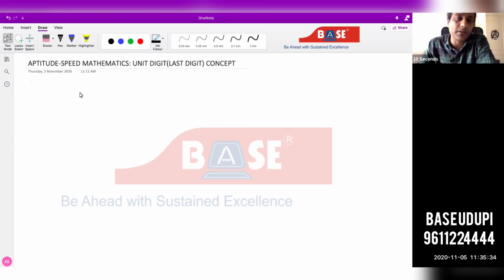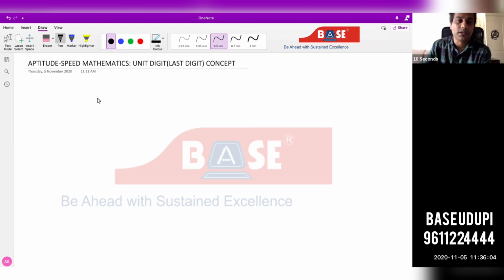Welcome back to a new session on speed mathematics. It comes under aptitude. Today we'll focus on the unit digit concept, that is, finding the last digit of the answer. It can be the last digit of the product, or the last digit of the sum also. Not only multiplying a few numbers, but multiplying 50 times, 100 times, or 500 times, what is the last digit of the product or the last digit of the sum?